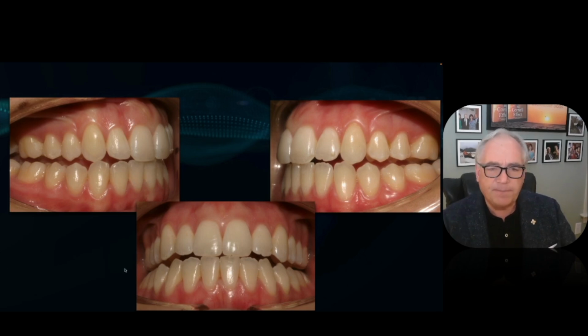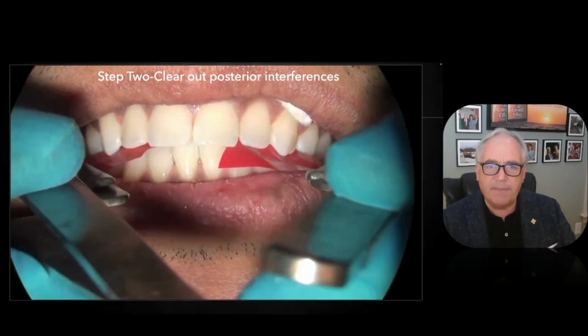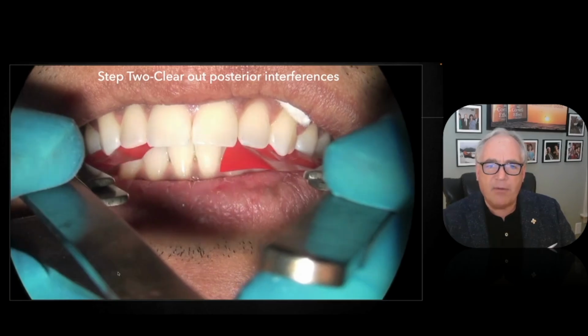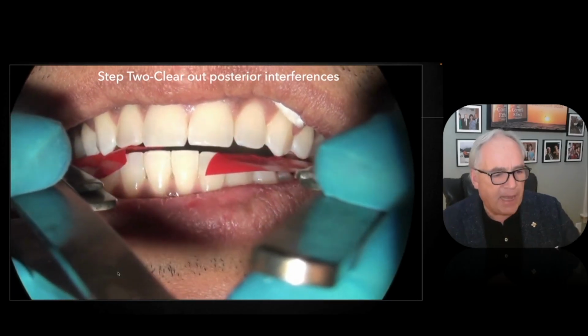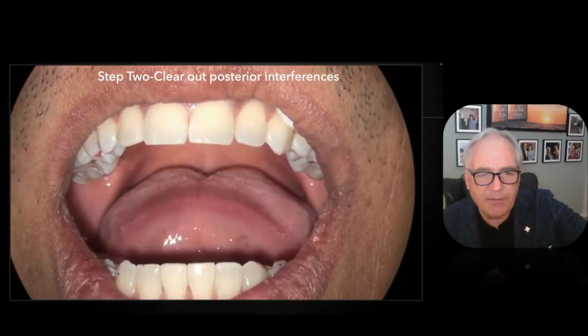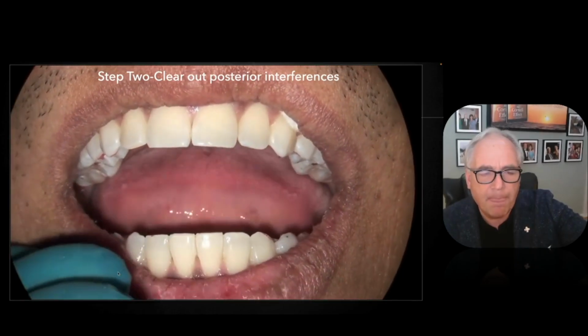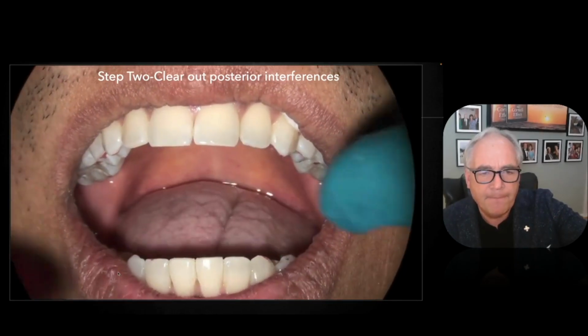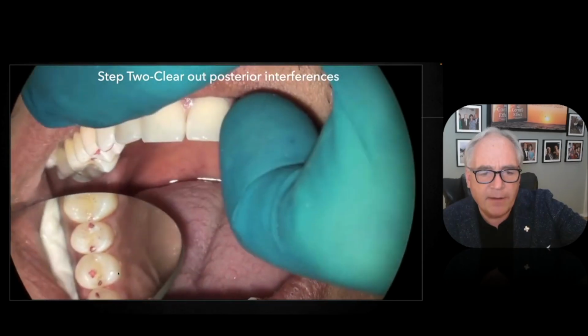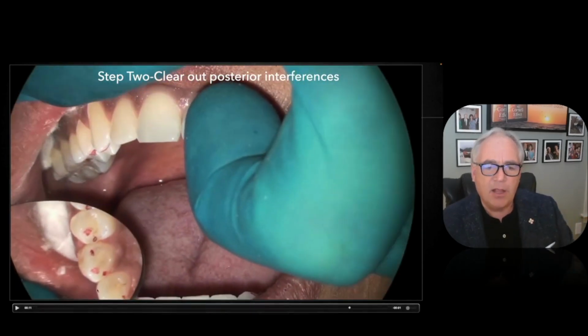Going back to our patient, in step 2, as we equilibrate, we're going to check out those disclusion patterns. And notice we'll have them slide back and forth. And when we put this mirror in, notice right here, what we're seeing is that we see our centric stop on our canine, then we have an area where there's no contact, and then it picks up again.